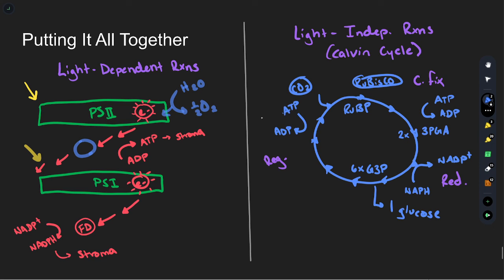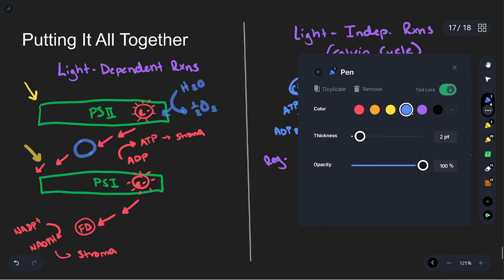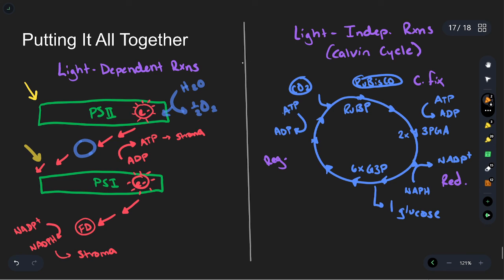Notice that these two need each other. Let me put this in another color. We got ADP from the Calvin cycle, which ATP synthase takes. We got ATP from light-dependent reactions, which the Calvin cycle uses here.